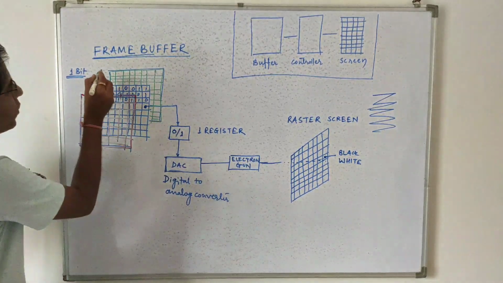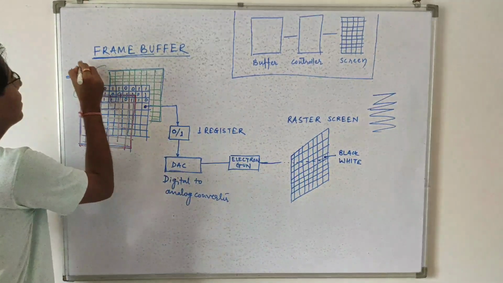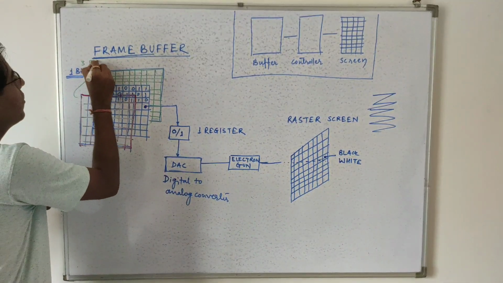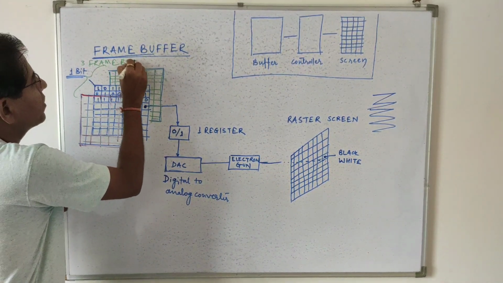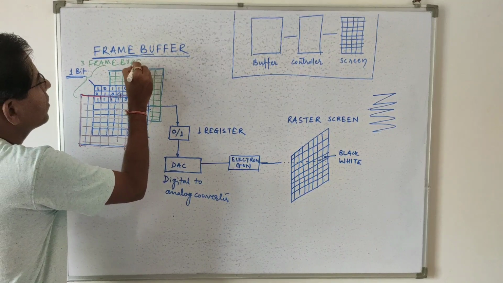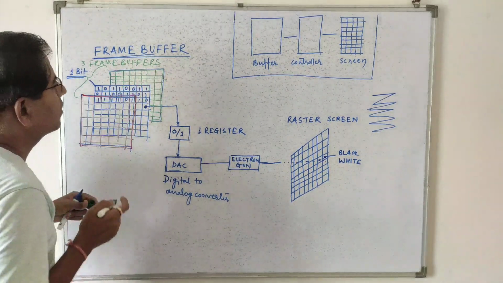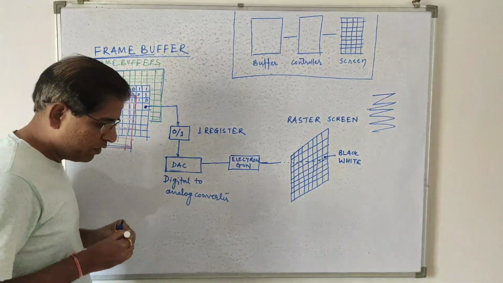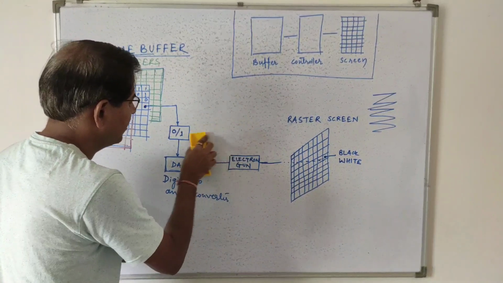So here you can see that there are 3 frame buffers. So obviously here we require 3 registers.